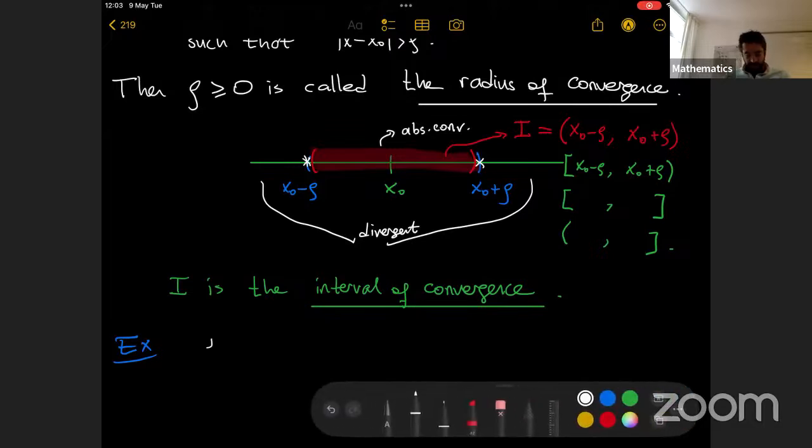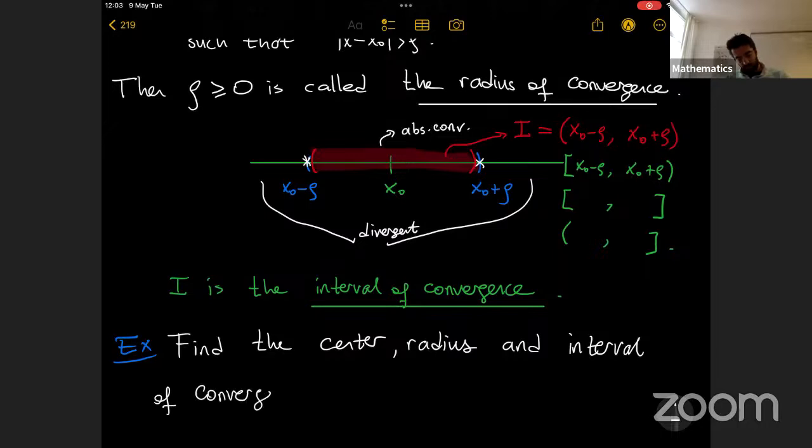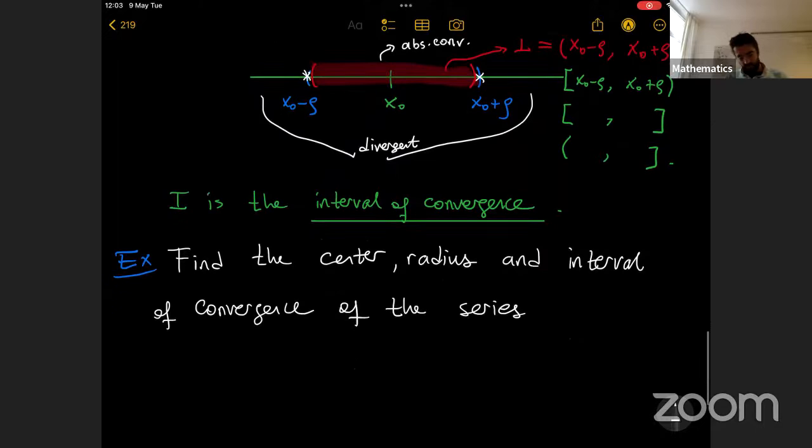Let us find the center, radius, and interval of convergence of the series 2x plus 1 to the n over n square.